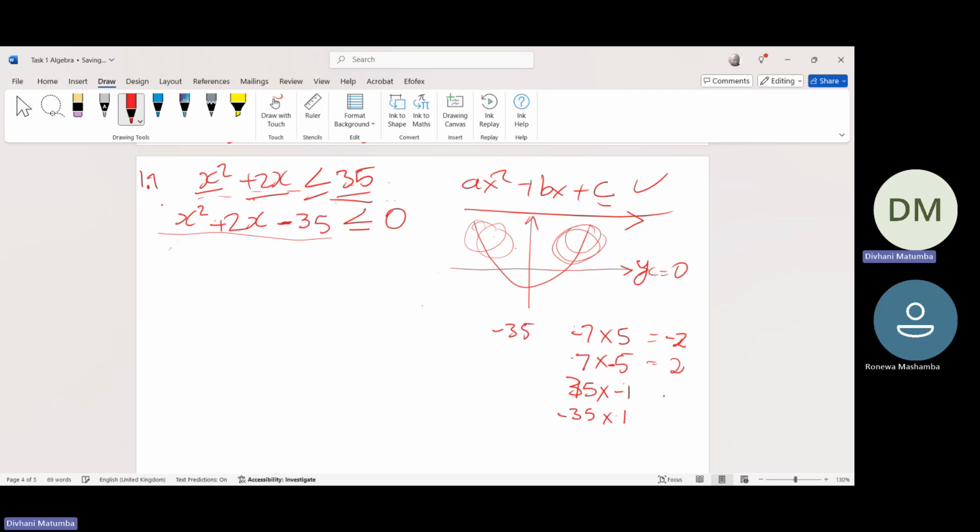The third one will give us, I think, 34 or something. Yes, then the third one will be minus 34. You agree? Yes. Which one is right? The second one. So do you agree that we will have x plus 7 then x minus 5? Perfect.